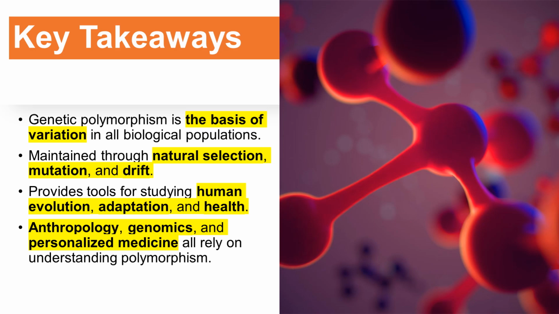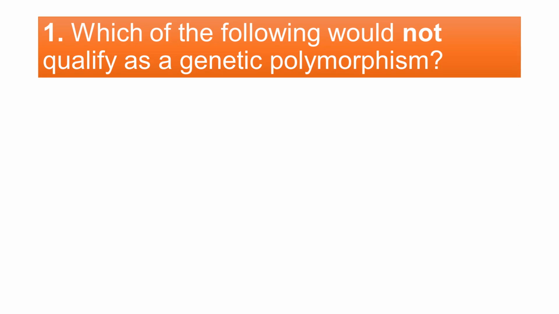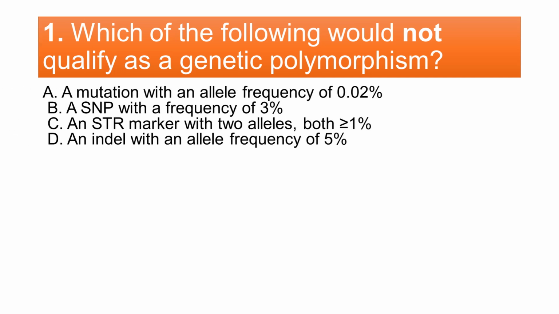Test your knowledge. 1. Which of the following would not qualify as a genetic polymorphism? A. A mutation with an allele frequency of 0.02%. B. A SNP with a frequency of 3%. C. An STR marker with 2 alleles, both greater than or equal to 1%.